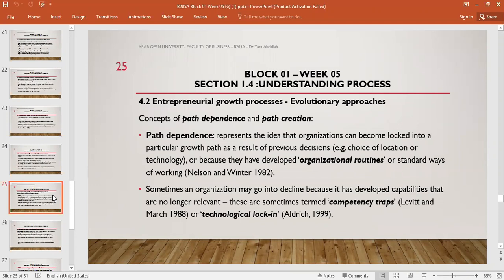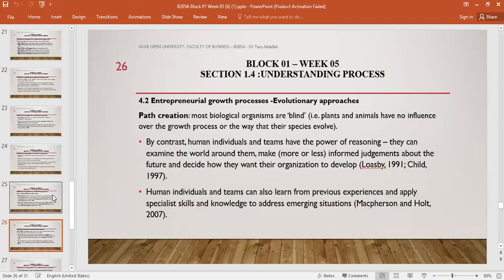Why? Because here, you are not concerned as a company with development. You are not concerned with responding to the dynamic environment. This is why you are going to fall into the competency trap. Another thing is the path creation. This is the other concept.